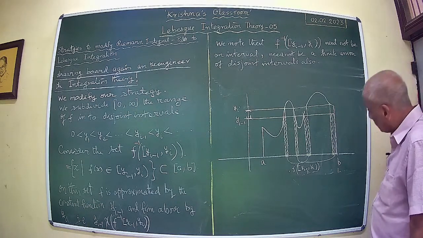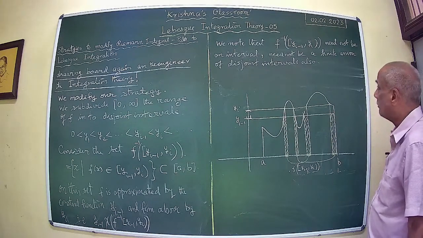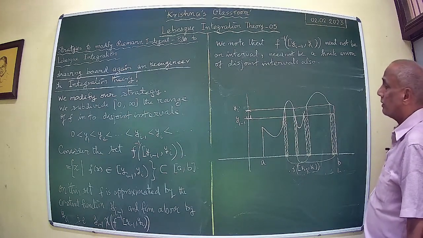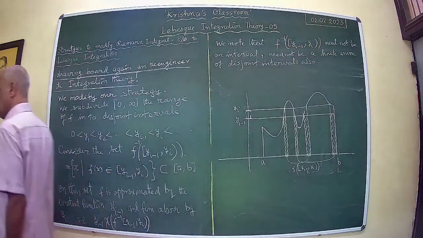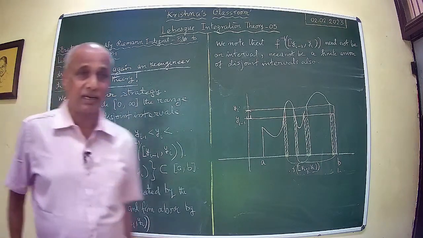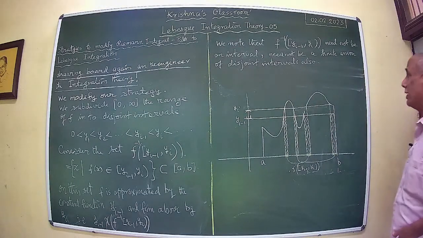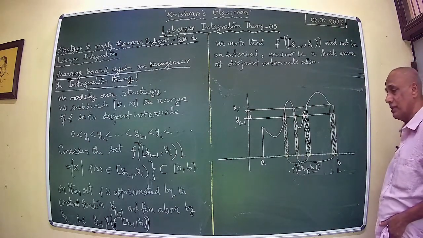But you may not be surprised to see that this may not be a finite union of disjoint intervals, because if your function is going to oscillate violently, then you may not get a finite disjoint set of intervals.